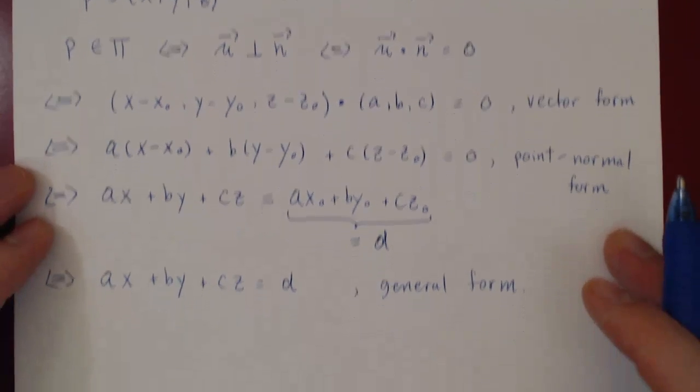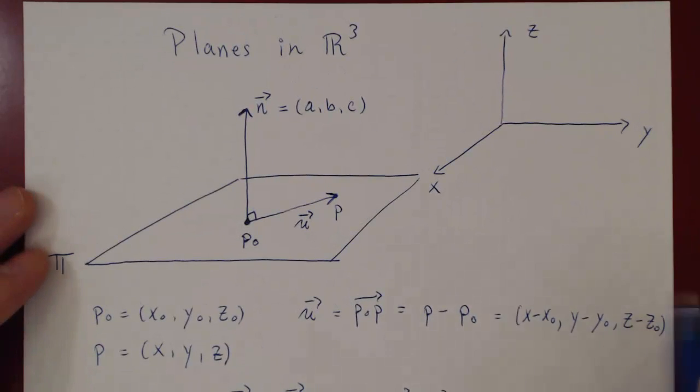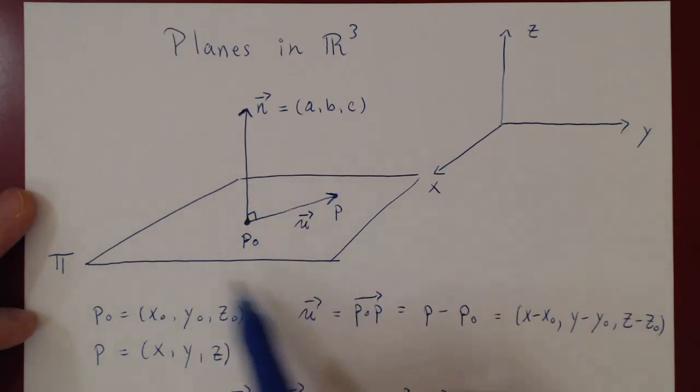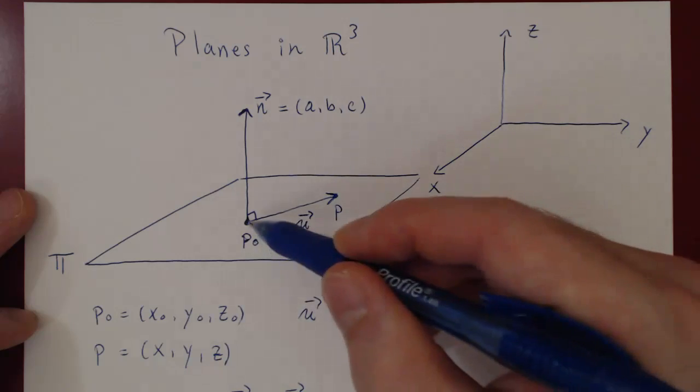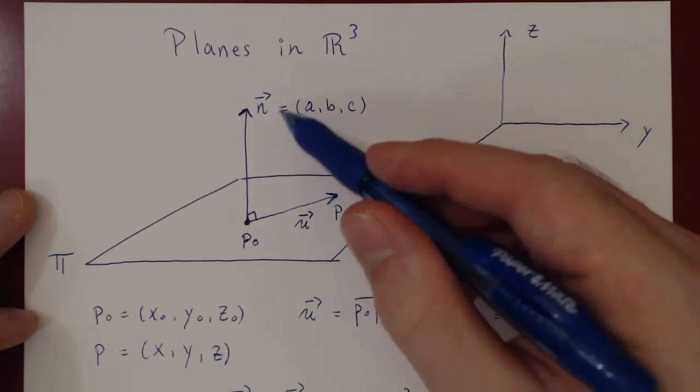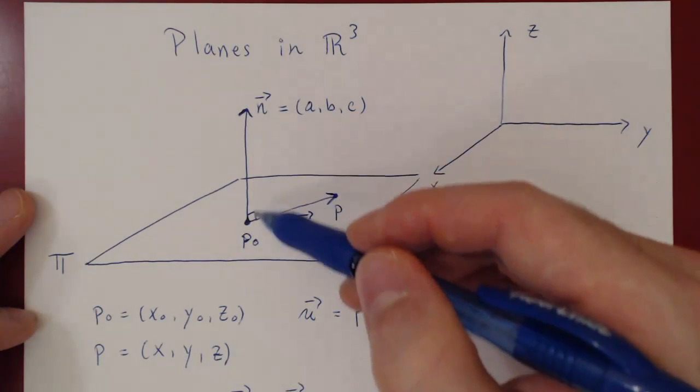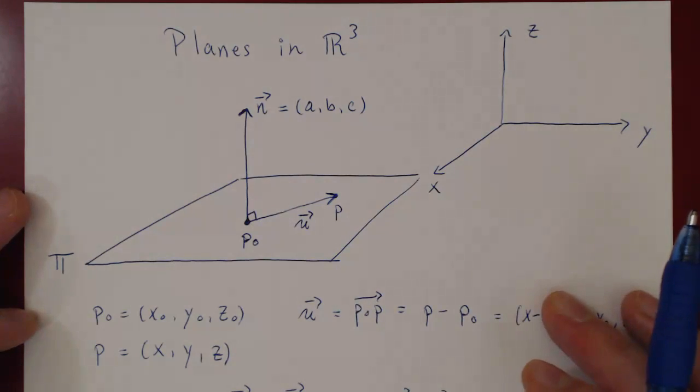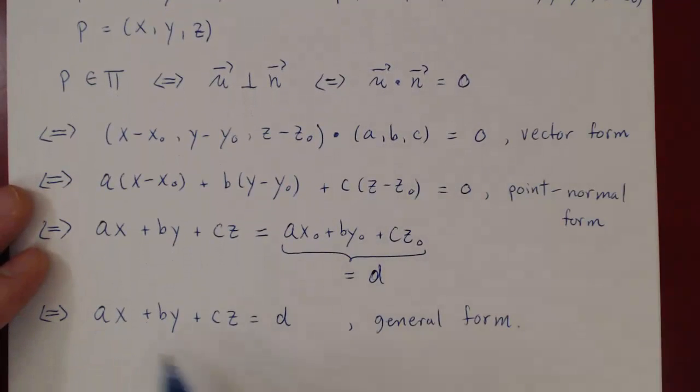So, let's summarize. To determine a plane uniquely in space, you need two things: a point on the plane and a vector that is perpendicular to your plane. And once you have those two, you can build the equation of the plane this way.